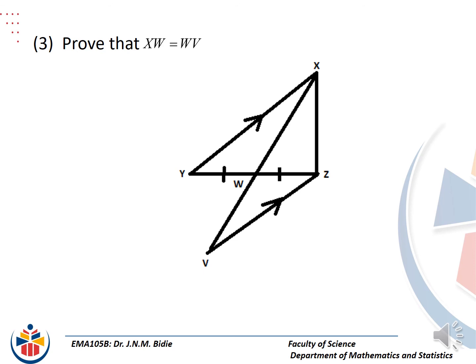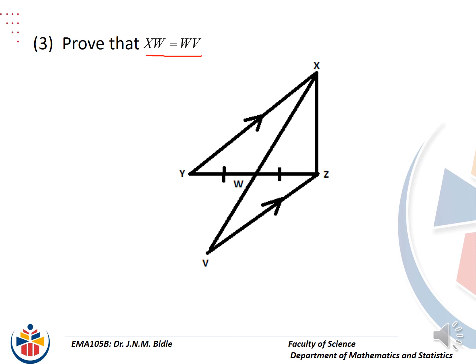As we move on, we are asked to prove for this problem that XW is equal to WV. Let's check what we have been given. We have YW is equal to ZW.